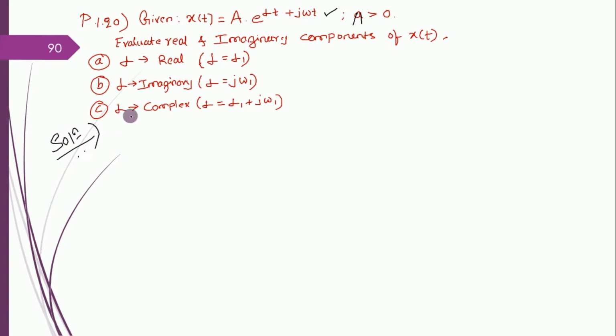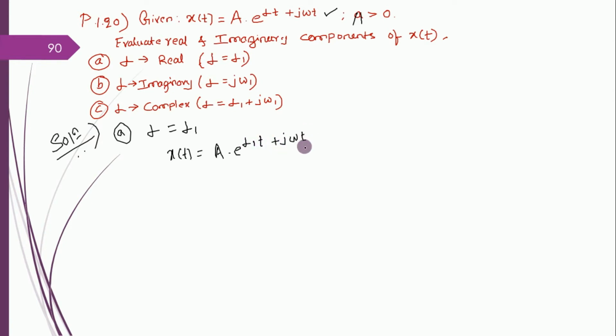In the first case, let me consider alpha is real, alpha equal to alpha 1. So I take the given signal x of t is equal to A into e raised to, in place of alpha, alpha 1 into t plus j omega t.